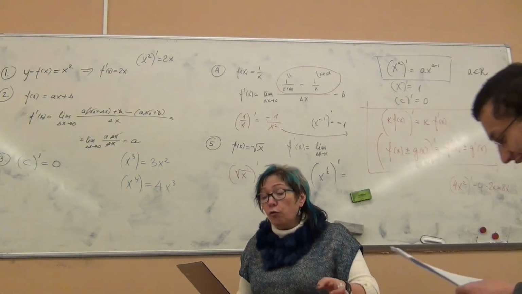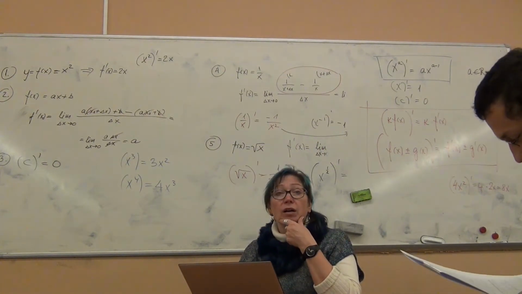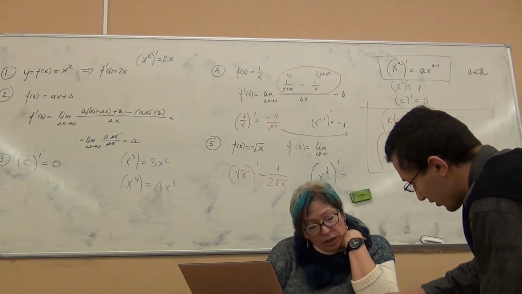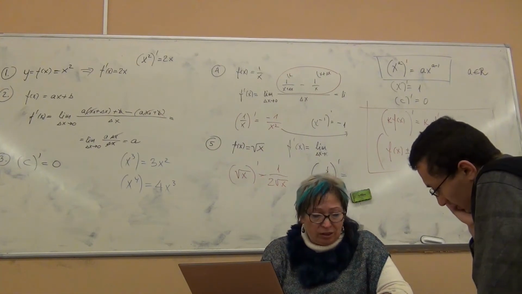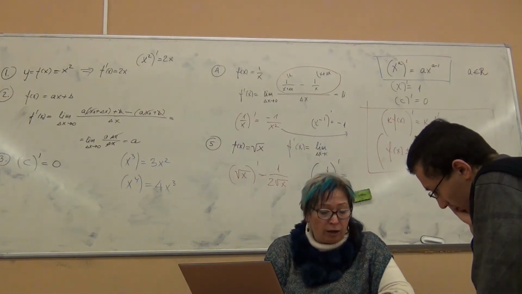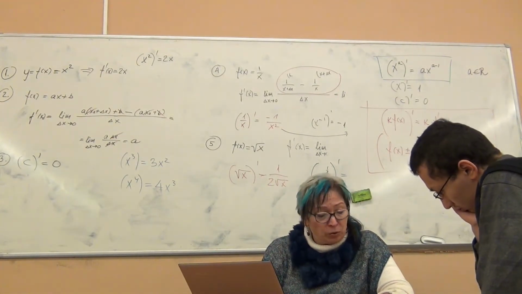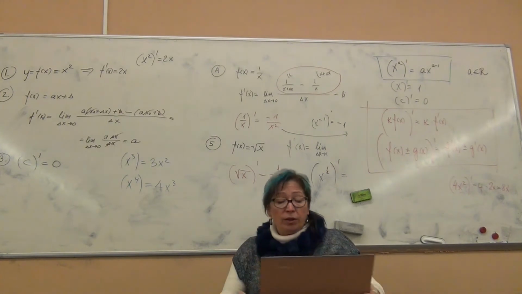There's a special rule for products of functions, and that's something that we will cover probably next time. You should write this obviously as x times square root of x, or x to the power 1/2. This would be x to the power 2 minus 1/2. You have to be very careful with these.